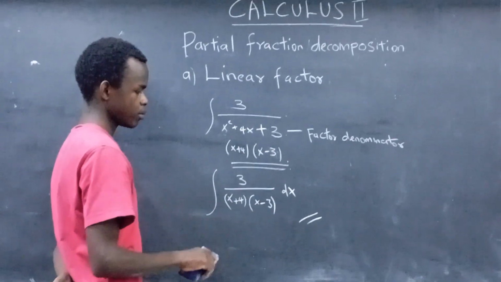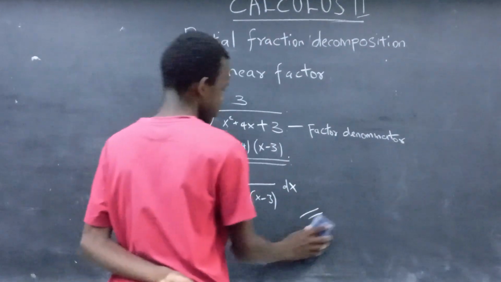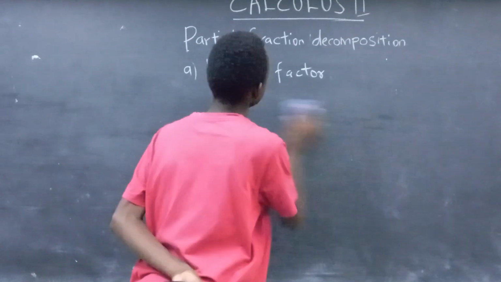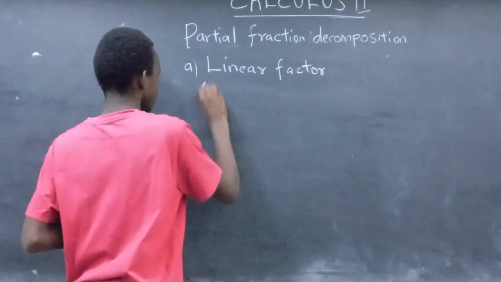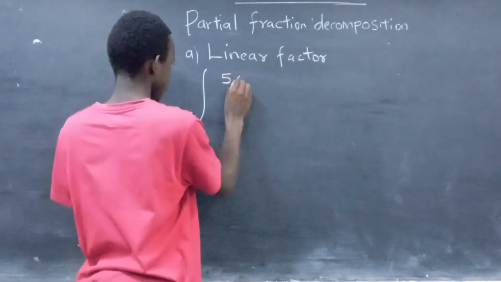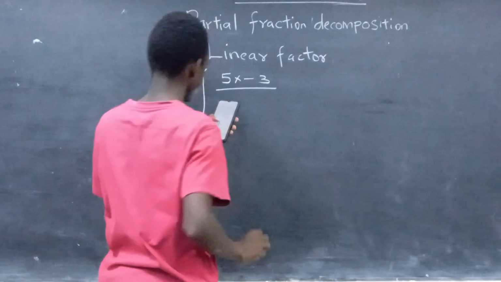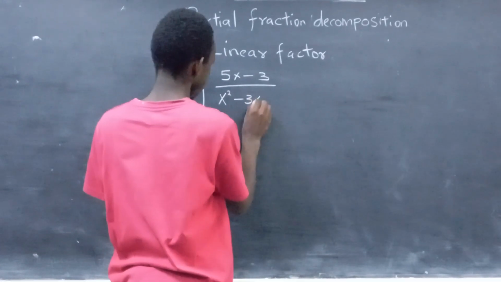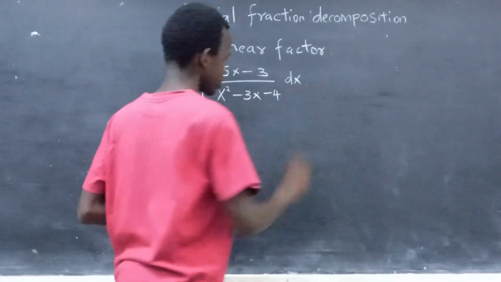I'll give an example, then we'll tackle it, then we'll integrate it. I'm told: find the integral of 5x minus 3 divided by x squared minus 3x minus 4 dx.